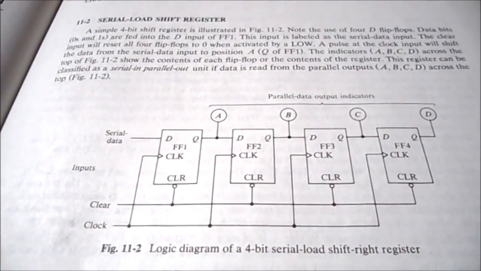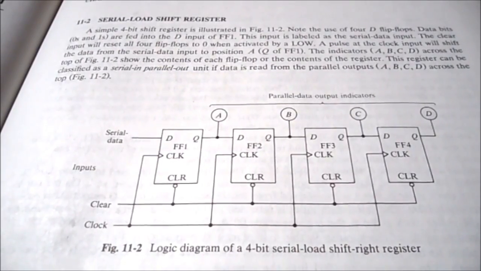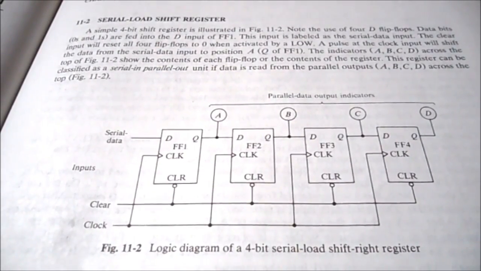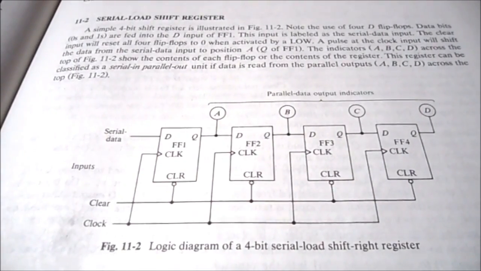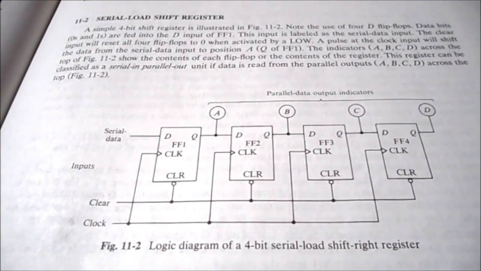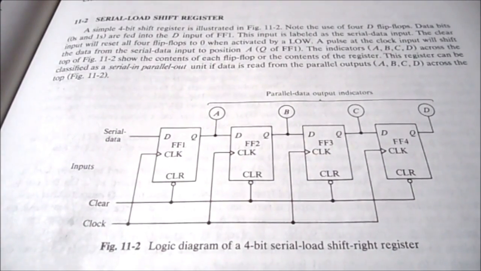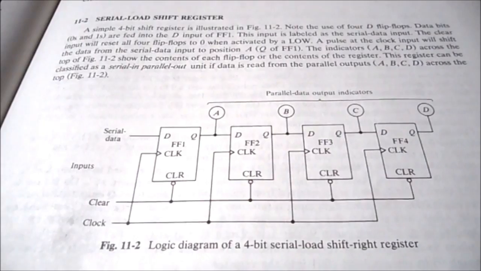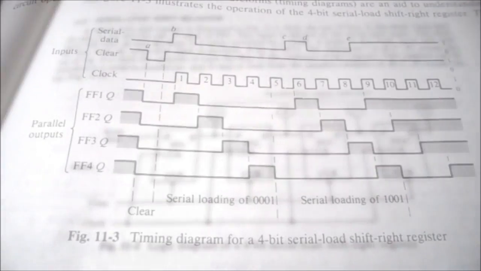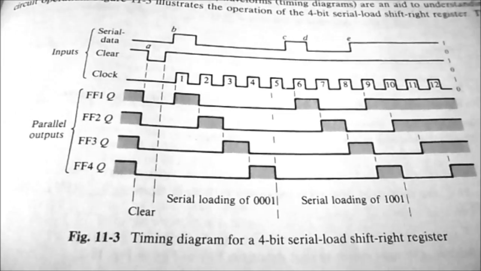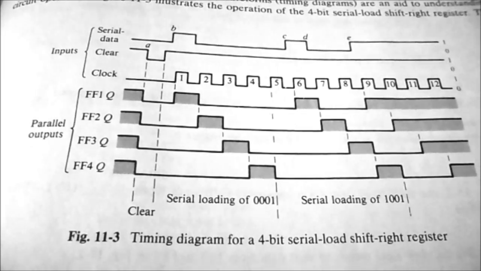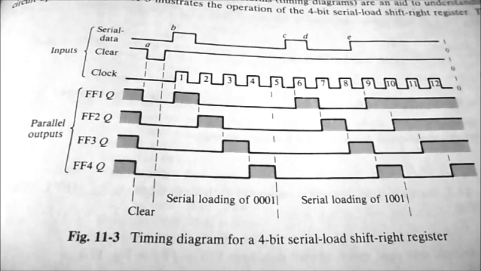Section 11-2 talks about the serial load shift register, and Figure 11-2 gives you the logic diagram of a 4-bit serial load shift right register that we're going to be building today. Figure 11-3 shows you a timing diagram for it.